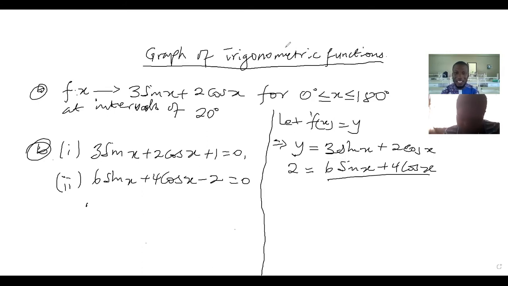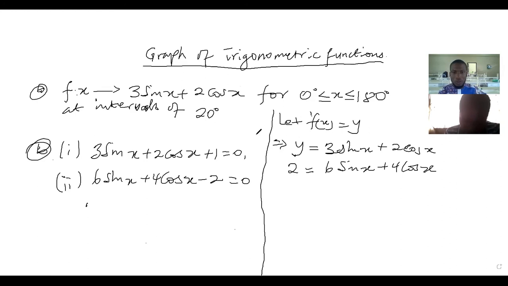So that's what I was trying to explain at the beginning: you try to do anything you need to do so that the function or the equation you are given looks like your y, so that you can put y in each place.